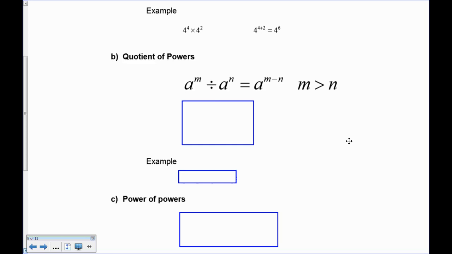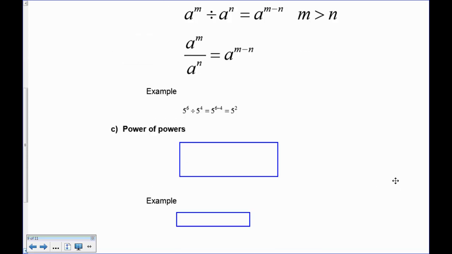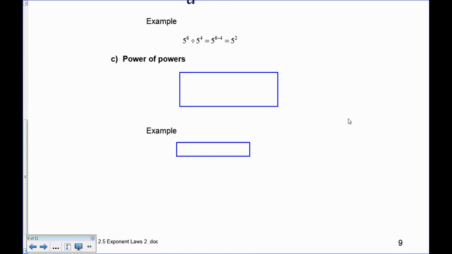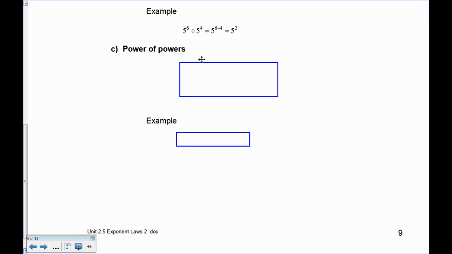You will get to that, and this won't matter in 10-C. So you have a to the m over a to the n. This is another way of writing a division question, and that is a to the m minus n. Here's an example. 5 to the 6 over 5 to the 4, the bases are the same, so we subtract the exponents, giving us 5 to the 2.